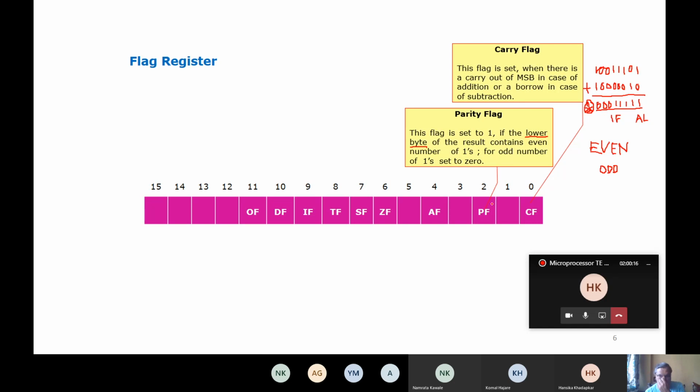Actually, I should quickly show you this operation in a program. So let us check whether I am able to switch it over there.